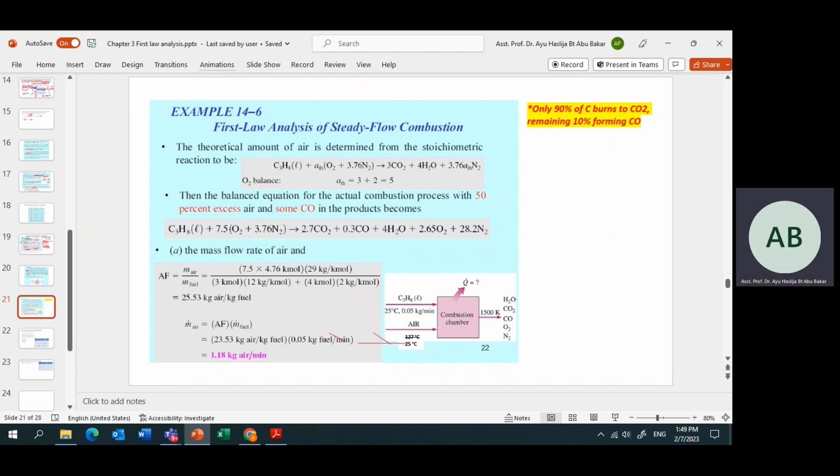This is the theoretical amount of air for the theoretical combustion reaction. Okay, from the stoichiometry, calculated for the given fuel, which is propane, you get A stoic equivalent to 5. Then the balanced equation for the actual combustion process is 50% excess air.